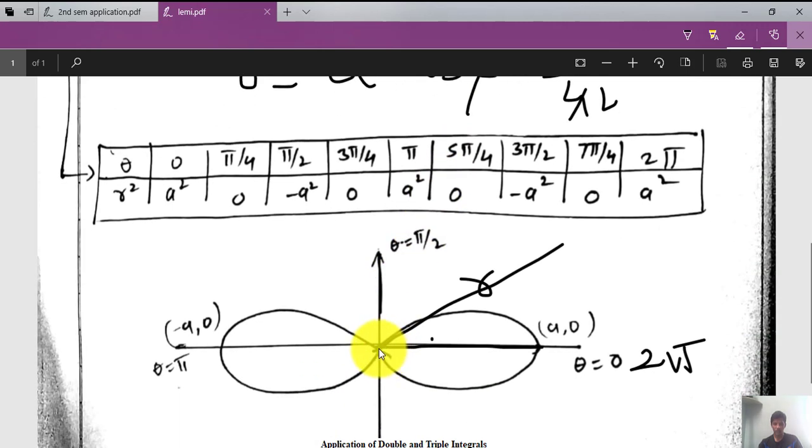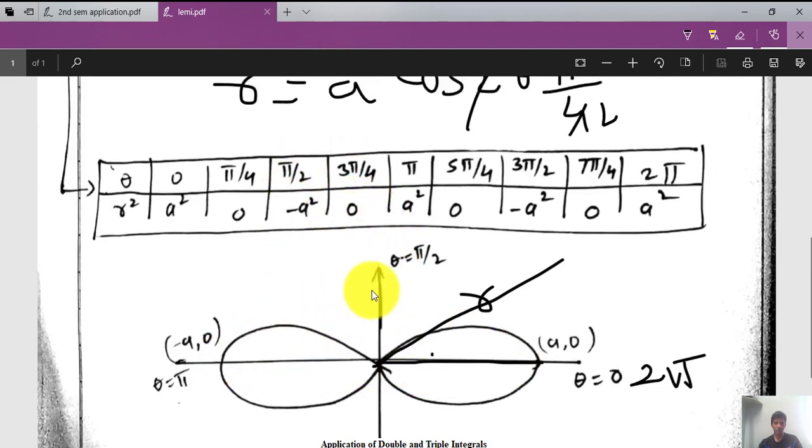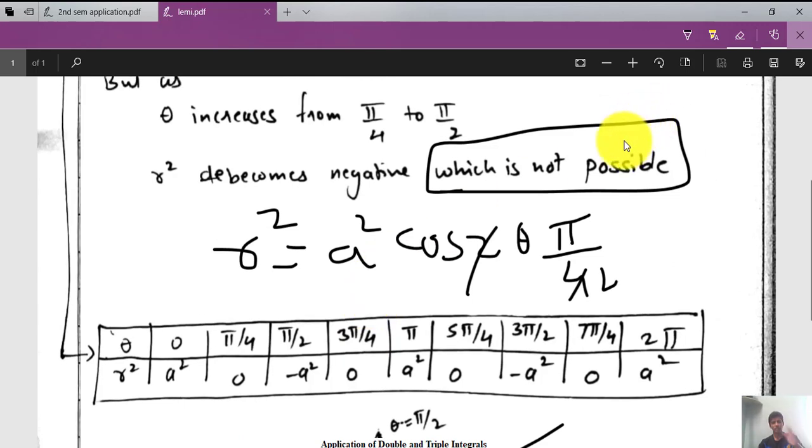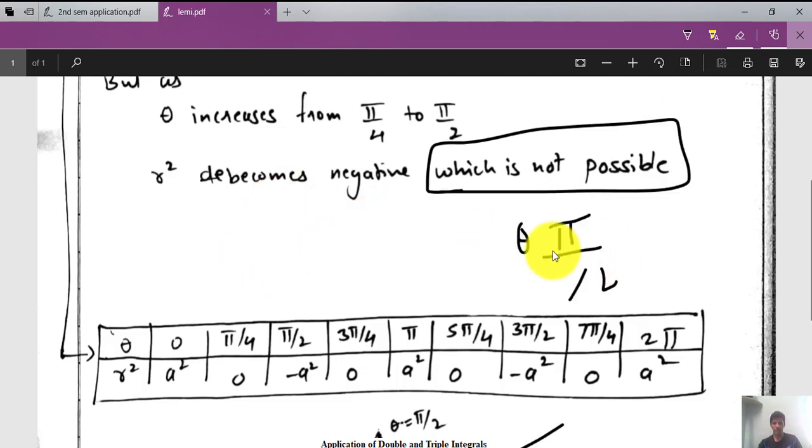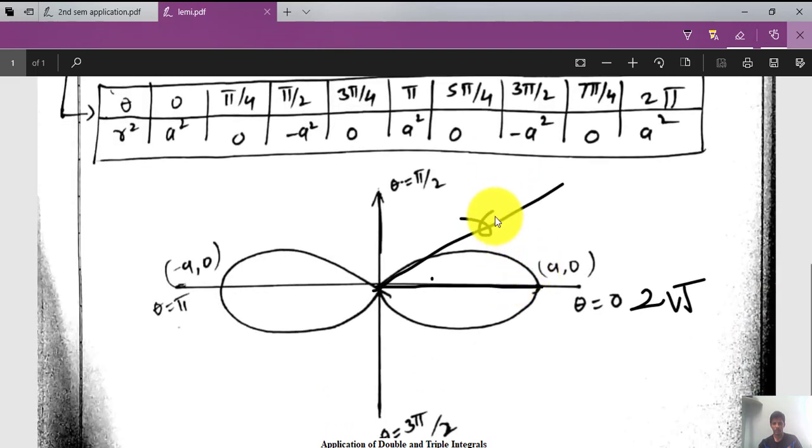Then again if you take from pi by 2 to pi, since it is symmetric about the pole, when you take its symmetric value and test it for theta, you have this particular graph.